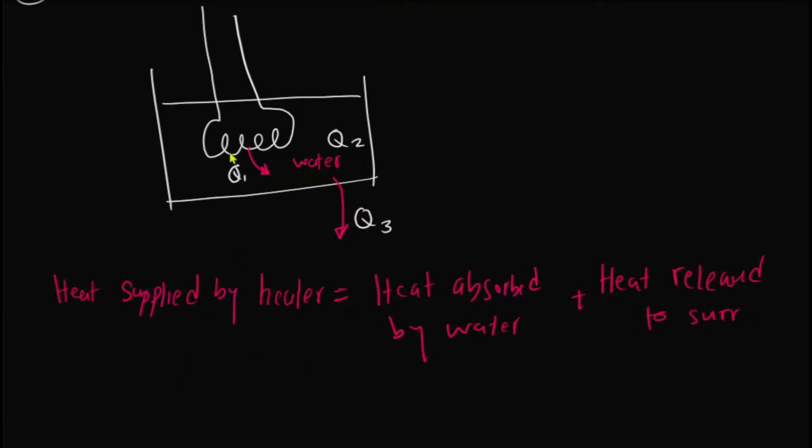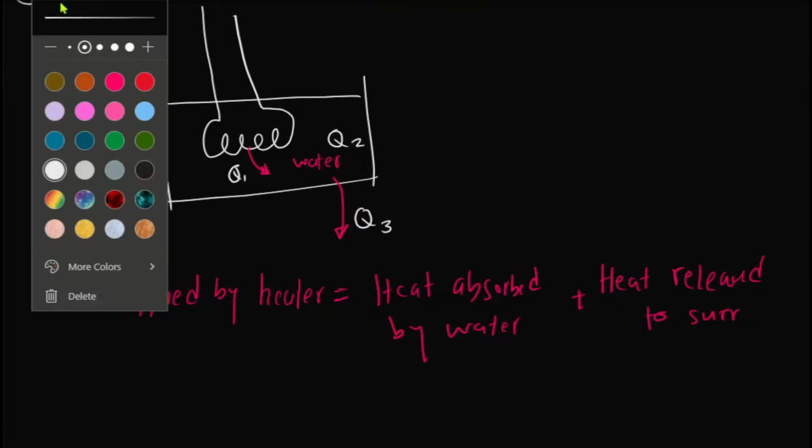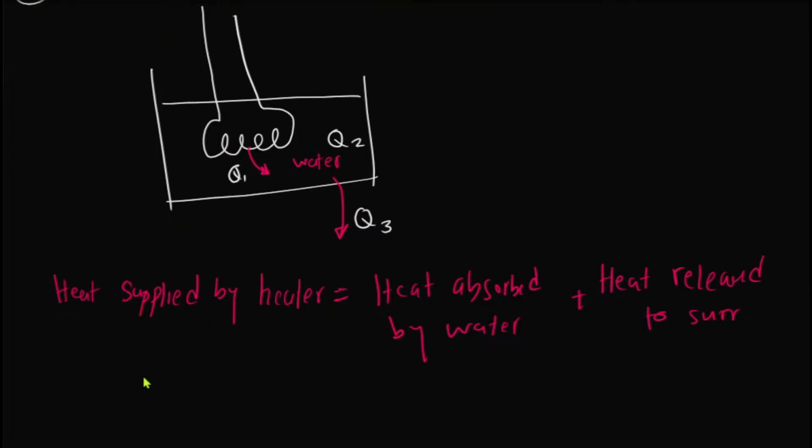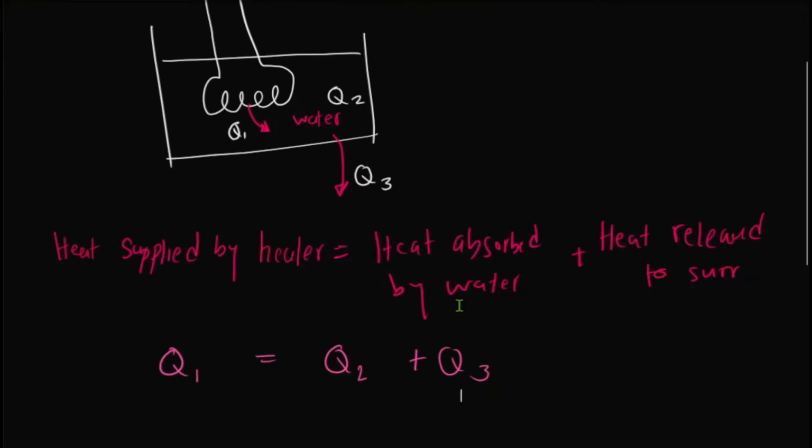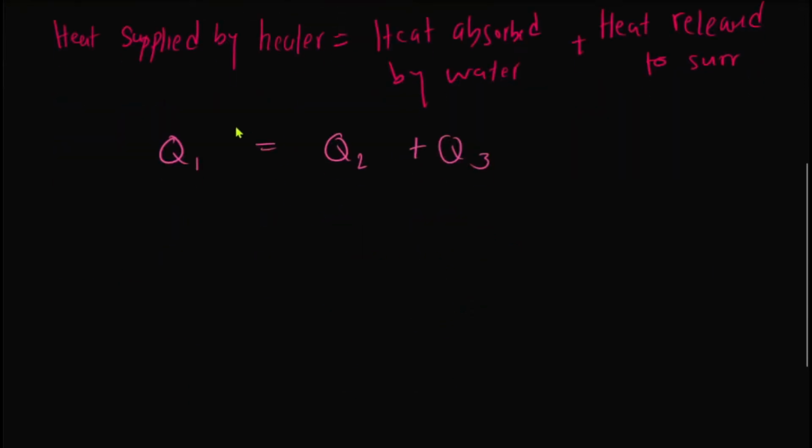So let us assume the heat supplied by the heater is Q1, heat absorbed by water is Q2, and heat released to the surrounding is Q3. Since they have given rates, I'm going to divide all the terms by T.